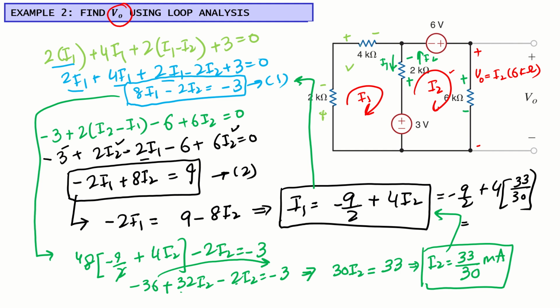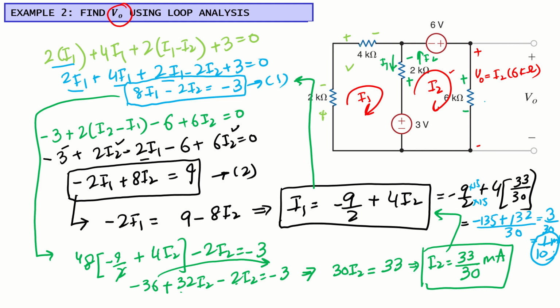If we make a common denominator, I can multiply by 15 here, and then I also need to multiply by 15 here. So 15 times 9 is 135. You have minus 135 plus 33 times 4, that is 132, divided by 30. So minus 135 plus 132 is just 3 over 30, or basically 1 over 10 milliampere. That will be our I1.